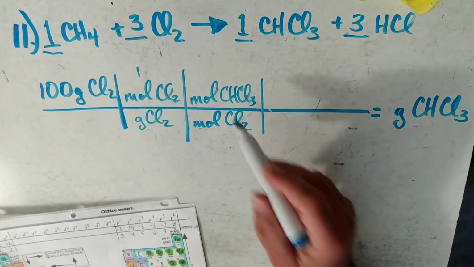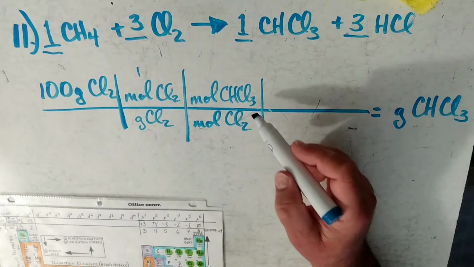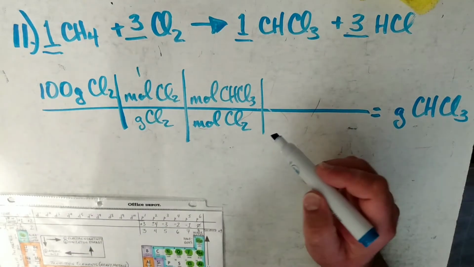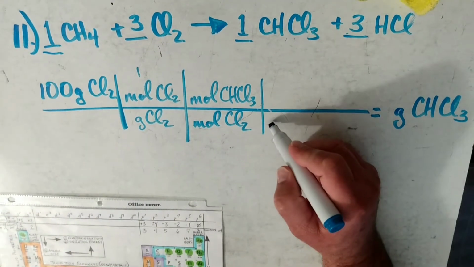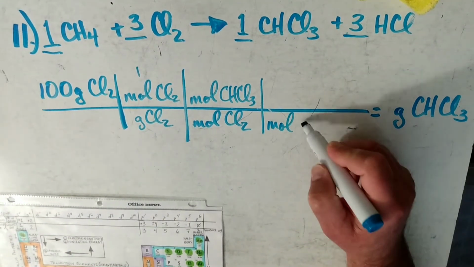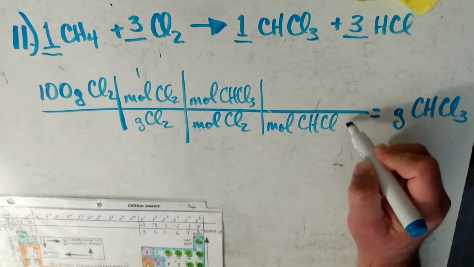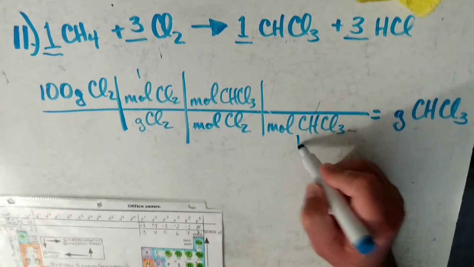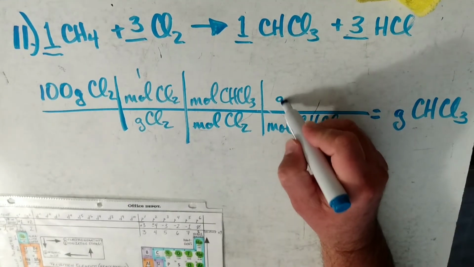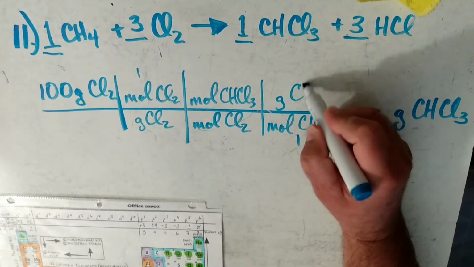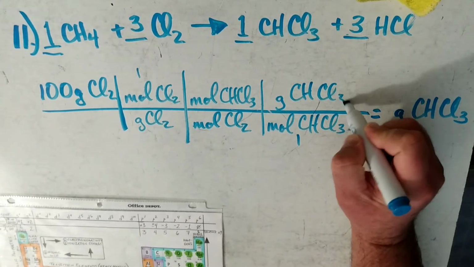Okay, we'll go back and get the numbers in a moment. And we don't want moles of CHCl3, so we put mole CHCl3, and 1 mole is equal to the mass of CHCl3.